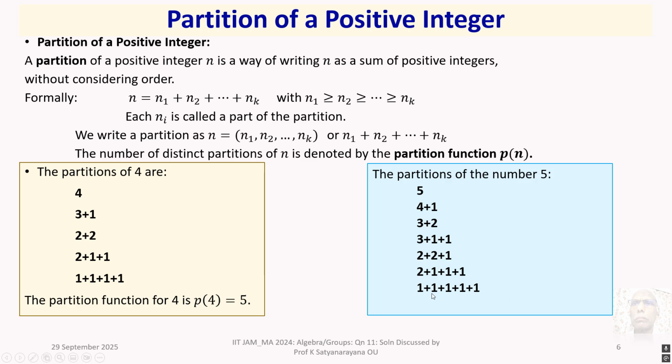Lastly, 1 plus 1 plus 1 plus 1 plus 1, 5 ones. So, P of 5 is 7. You can try for 6. P of 6 is 11. And this partition function grows enormously as n increases.